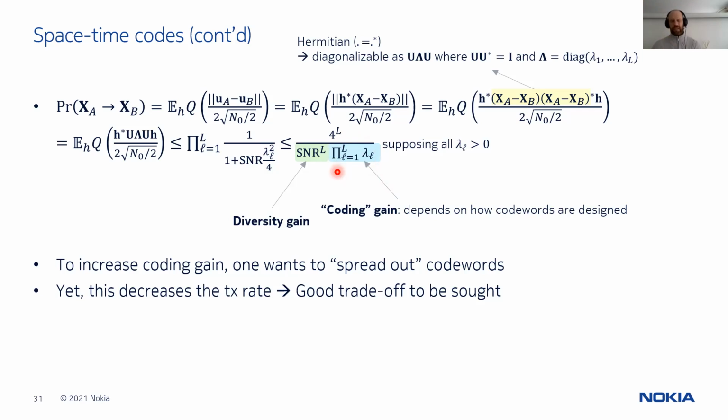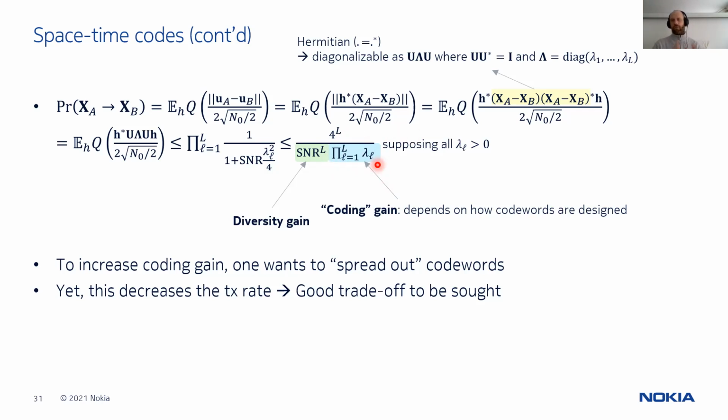It turns out that this is related to how far these code words are in space with respect to each other. So the farther they are, the less efficiently you're using the space, right? The less you're packing the code words in the space.